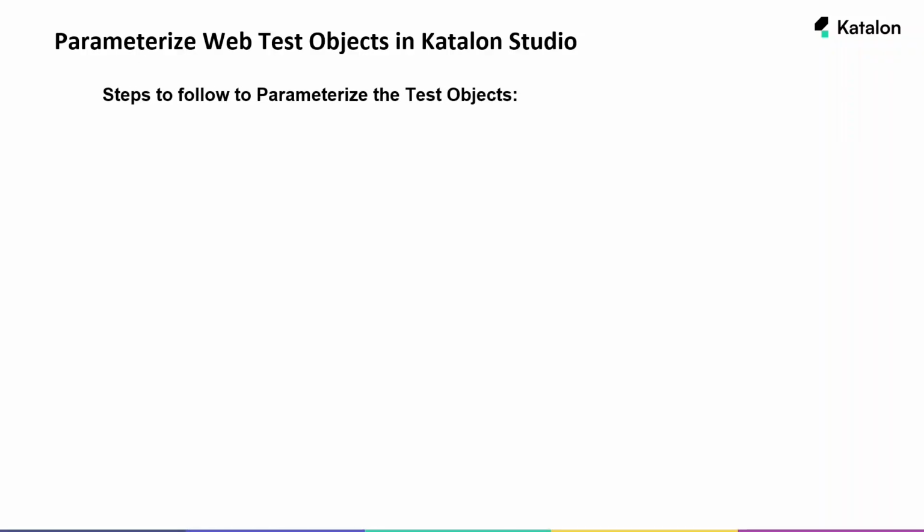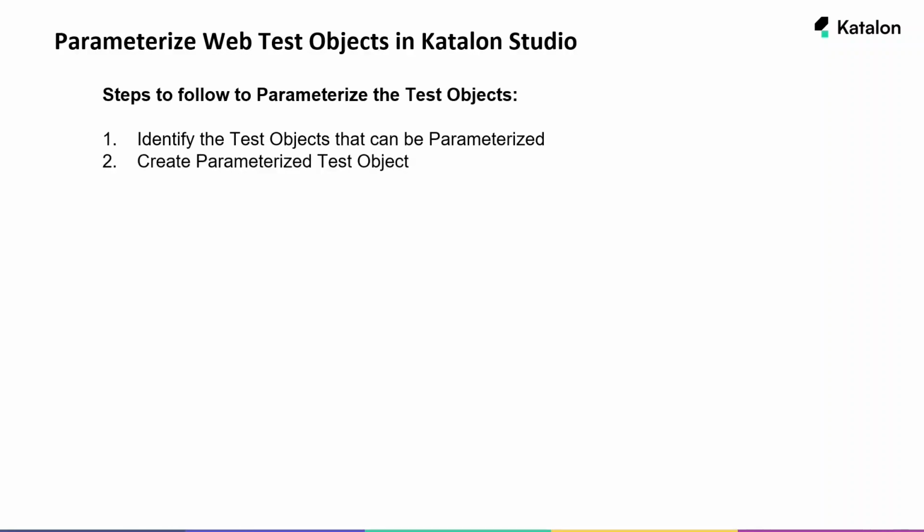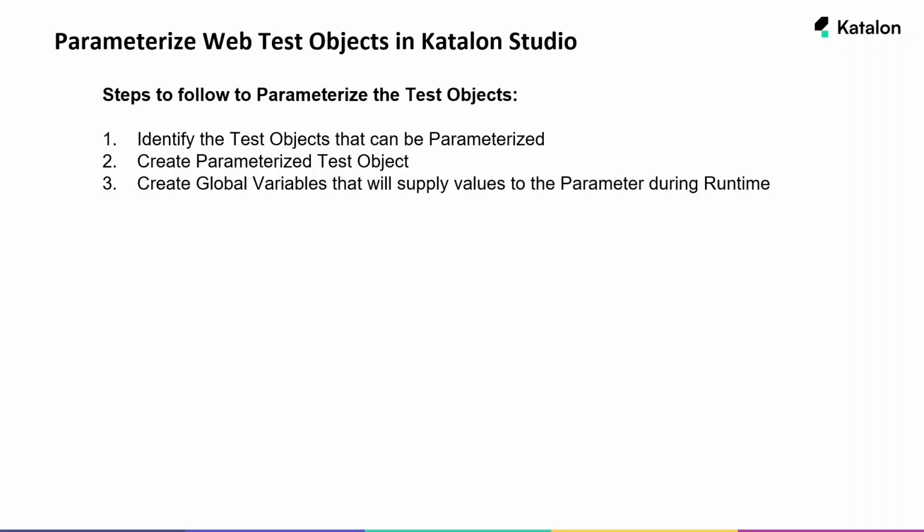So let us see what are the steps to follow to parameterize the test objects. So as usual, we will be identifying the test objects that can be parameterized, and we need to create parameterized test object and then create global variables that will supply values to the parameter during runtime.